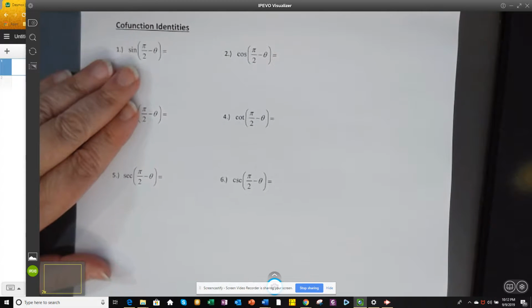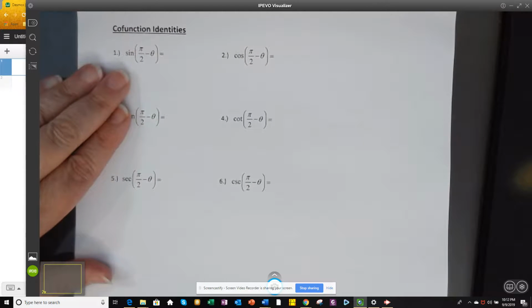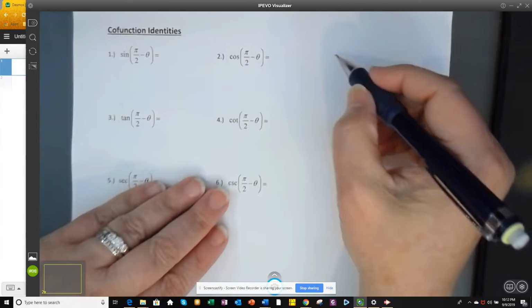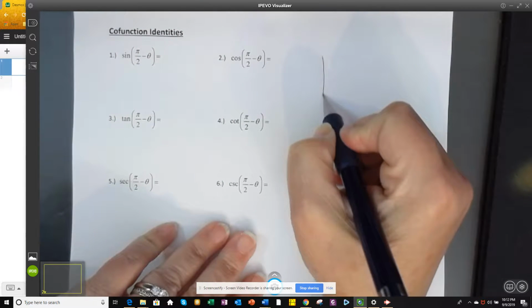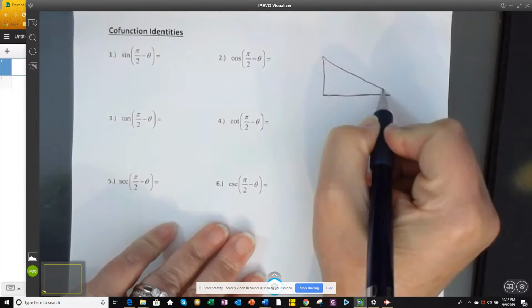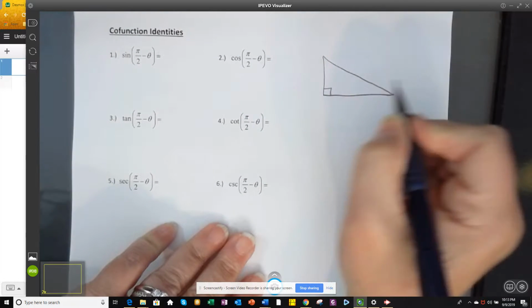which look a little bit like shifts of functions, but I want you to consider, if you will, the right triangle. I'm going to draw a right triangle. Here we go. And I'm going to make this my right angle, obviously.